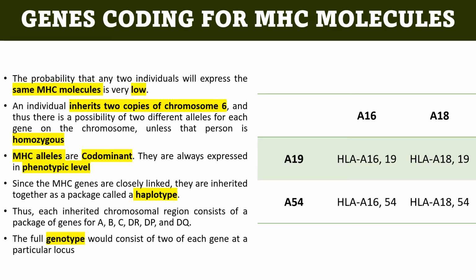So, for example, in the table you can see A19 and A16. HLA A16 and 19, both genes will be present on a particular locus on the genotype.